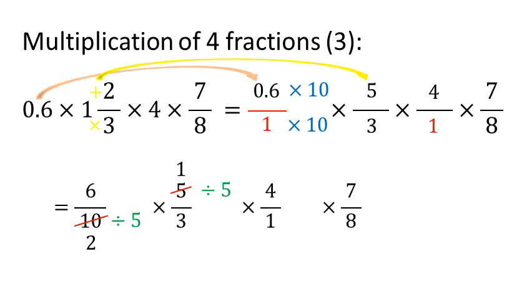We see the numerator 4 and the denominator 8 have a common factor of 4. So we can divide 4 by 4 to get 1, and 8 divided by 4 to get 2. We see the numerator 6 and the denominator 3 have a common factor of 3.